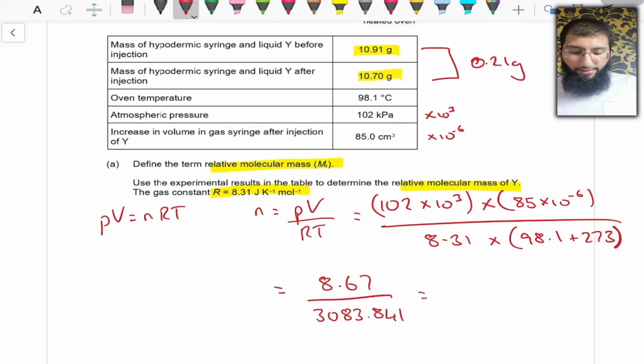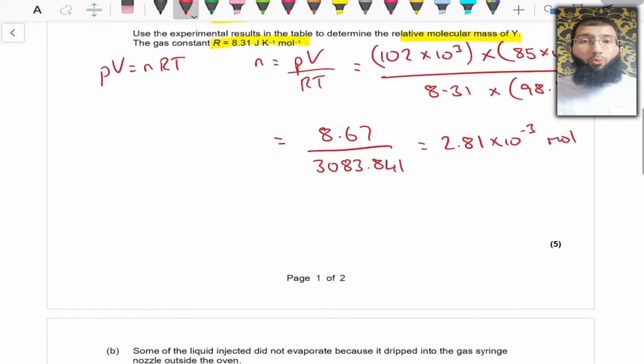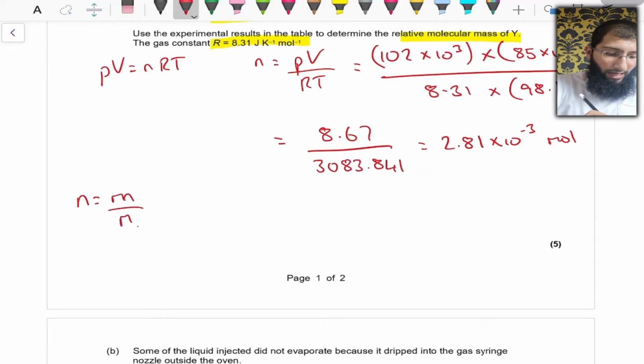Okay, so I'm going to stick this in a calculator: 8.67 divided by 3083.841. And I end up with 2.81 times 10 to the minus 3 mole. That's what worked out. So how does this help us work out the relative molecular mass? We know that moles is equal to mass over MR. So n is equal to m over MR.